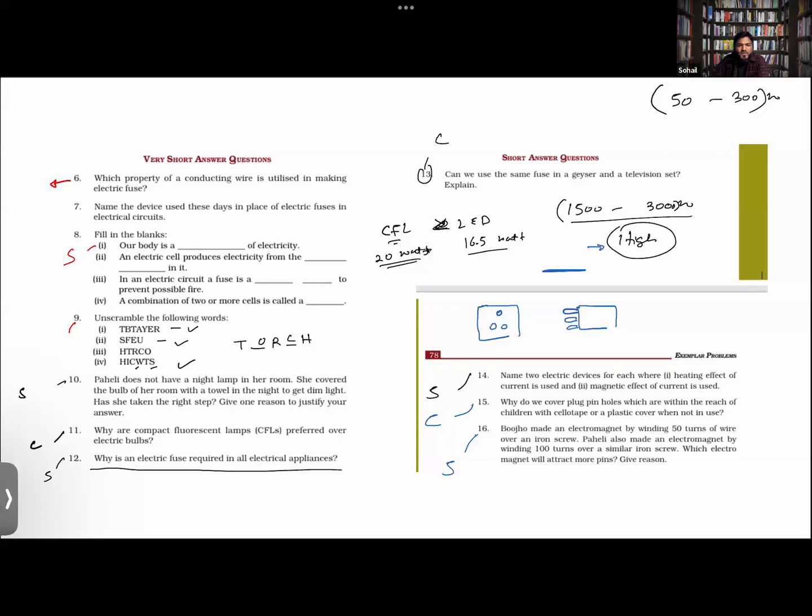Okay. So what I understand from your question is that there are different types of electrical boards. One will have pins in it, and then you will have such boards as well.